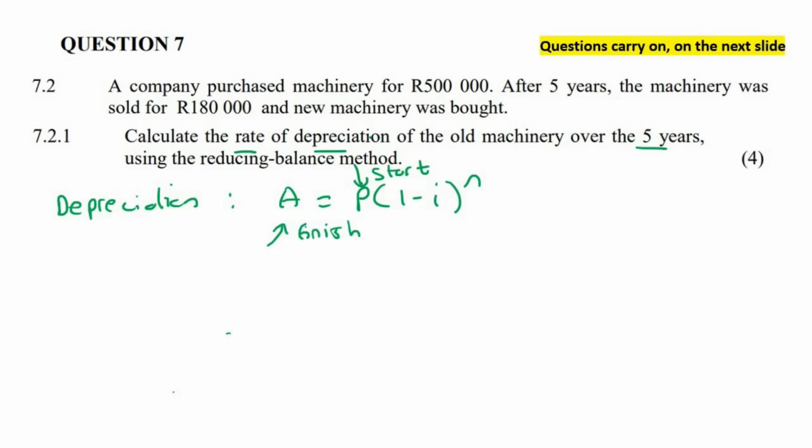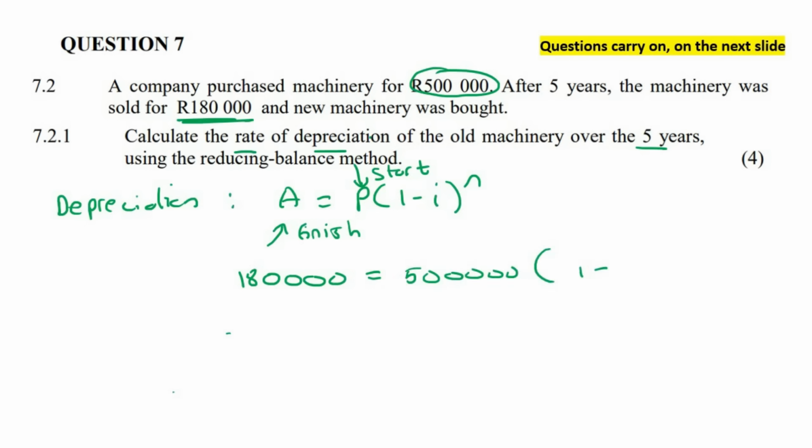If you think about this carefully, the starting price was 500,000, but then the machinery became 180,000. So this is the ending price, so you're going to put the 180 over here. If you put the 500 here, that's because you're thinking that the bigger number must always go here. That's not always true, okay? That's only true if your money's going up and not down.